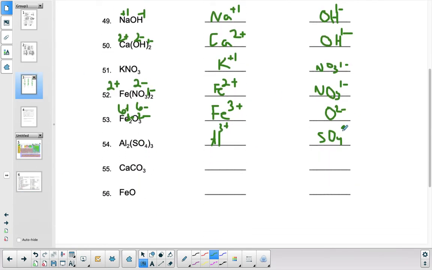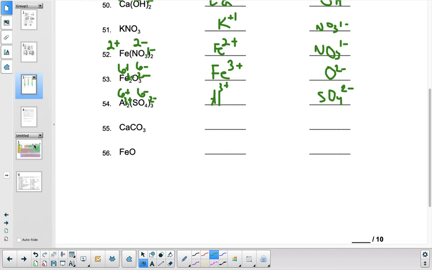So let's just double check, make sure this is right. So if we had a -2 charge here, that means our SO4 overall is going to be -6. Aluminum would need to be +3 charge. 2 times +3, +6, cancel out, perfect.